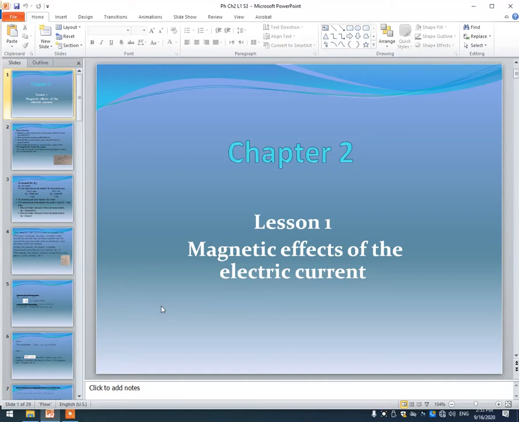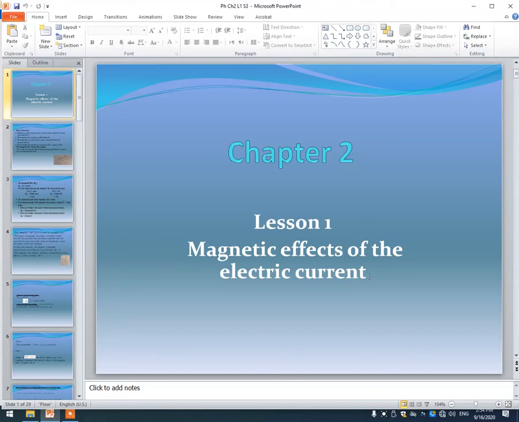Here we will start another journey which has the title Magnetic Effect of the Electric Current. You studied in lesson 1 the passing of the electric current through a conductor, which of course is due to specific causes and leads to certain results.